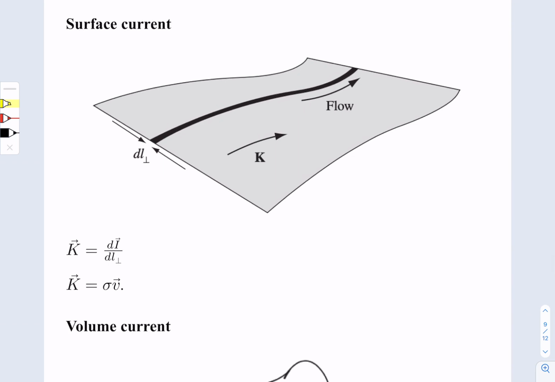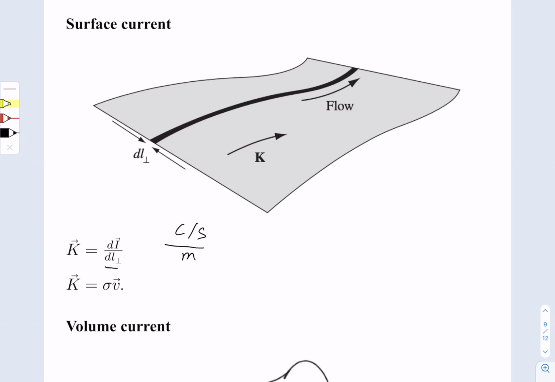So last, I want to mention that we just discussed the line current, and from the line current we can generalize this to a surface current. For a surface current, it's defined by dI over d perpendicular. The dimension of this K is coulomb over seconds, divided by meter.